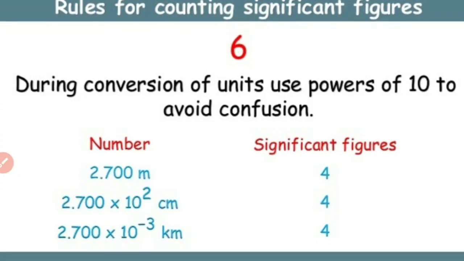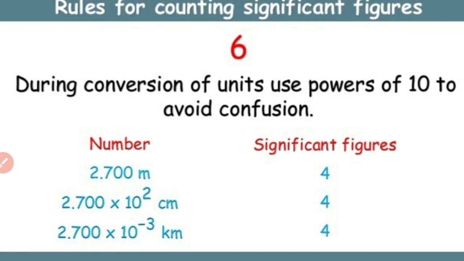Now the sixth one, it is an important rule. During the conversion of units, use powers of 10 to avoid confusion. In other words, a change of units should not change the number of significant digits or figures in a measurement.